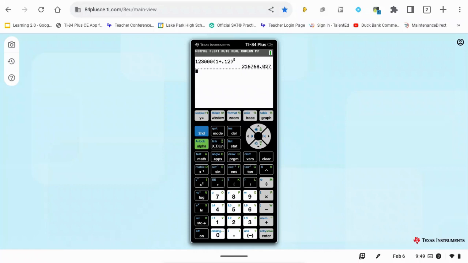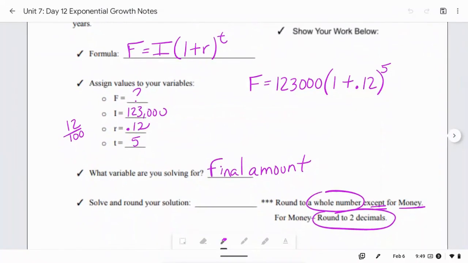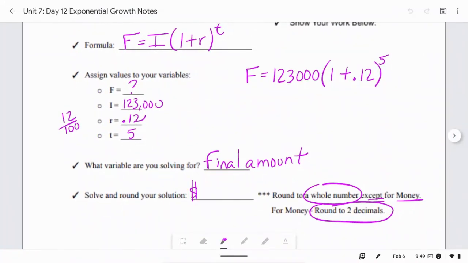I'm going to look at the 0.02, and the number that's next to the 2 is a 7. So we need to round it up to 0.03. Going back to our notes, if I round our answer to 2 decimal places, I get $216,768.03.